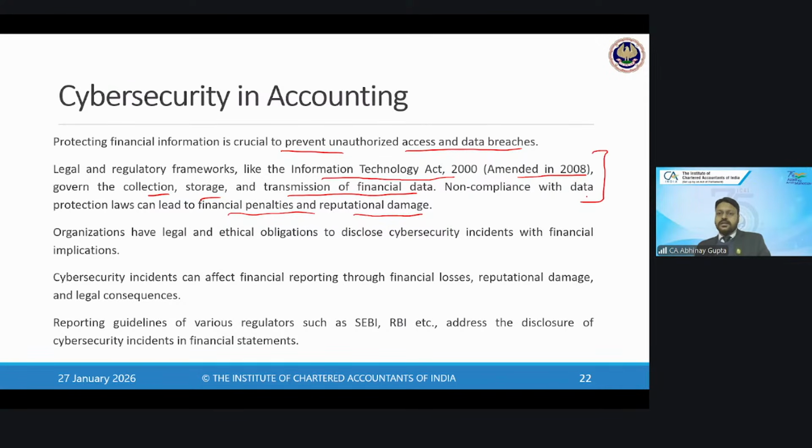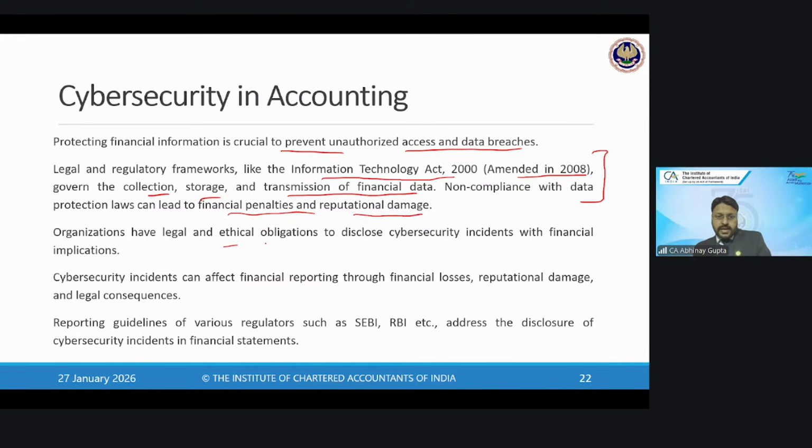So there are laws which protect us from getting defrauded or from cyber crime, and they also cast certain responsibilities on the shoulders of management if they are leveraging technology, right? It's not the other way around, that if something happens, then you have some rights. You have some responsibilities as well within the act.